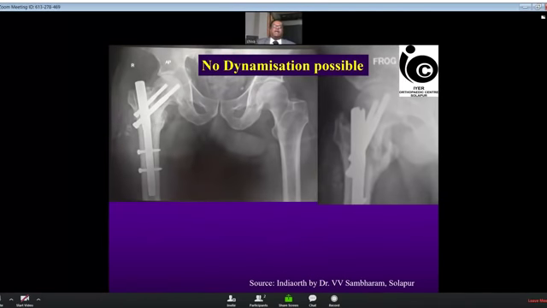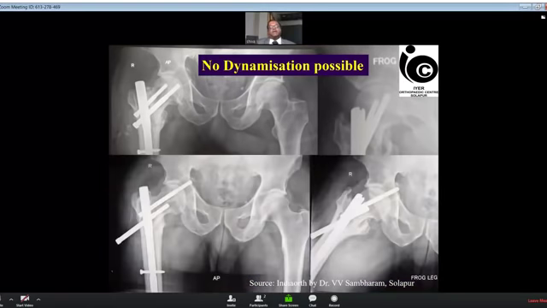Head and neck, I cannot find any fault with the reduction in the AP or in the lateral picture, but in due course of time the screw migrated, and the surgeon tried to salvage this by removing the static bolt, but unfortunately you can see the dynamic bolt is also at the superior part of the hole. It's already in the static position, so this could not be corrected, and this was the end result in this case.